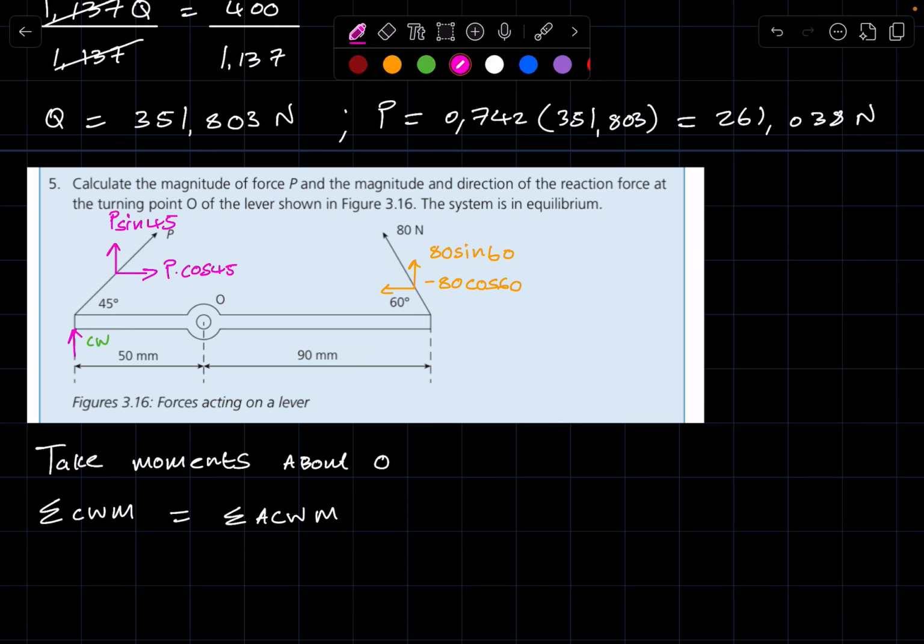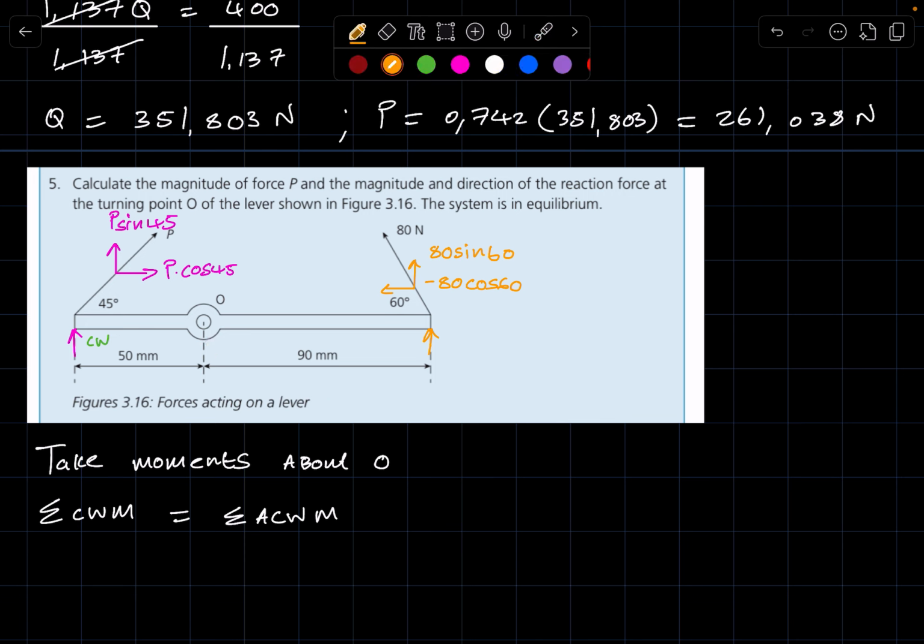And now we look at the 80 newton force. Its vertical component is acting at that point, so you consider the turning effect it has towards point O. If this is being applied here, it has this kind of turning effect, which is anti-clockwise.